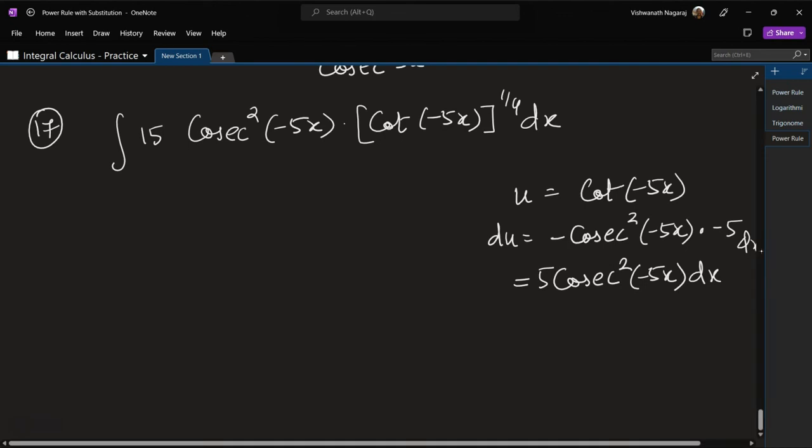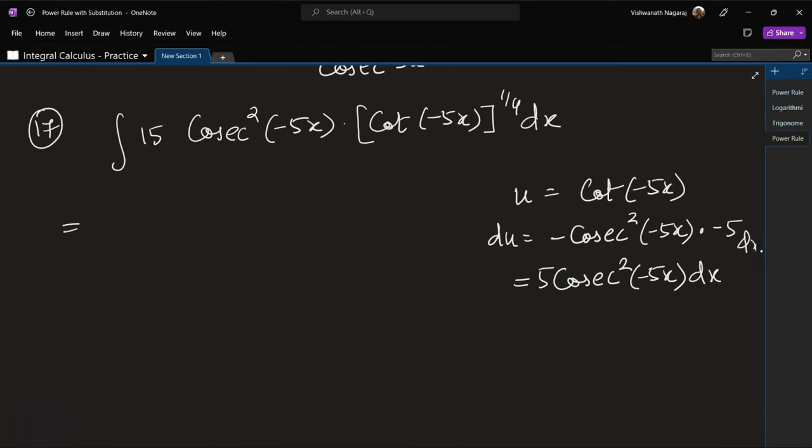You should not forget that. Okay, so which means we can factor out 3. So 3, this becomes 5. This is cosec square minus 5x. This is nothing but du. So we don't even have to write 5. So u to the power of 1 by 4 du.